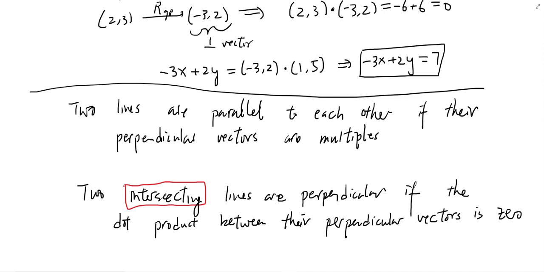If they're skew, they could have perpendicular directions, but they're not perpendicular to each other because they don't intersect. So it's important to realize that two lines are perpendicular not just because the dot product of the directions or of the perpendicular vectors is 0, but also because they have a point of intersection.